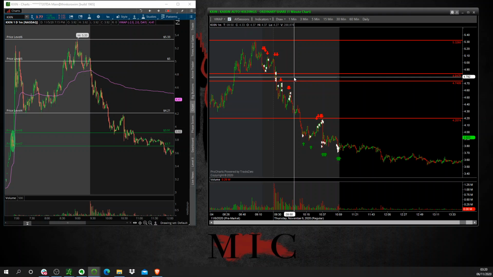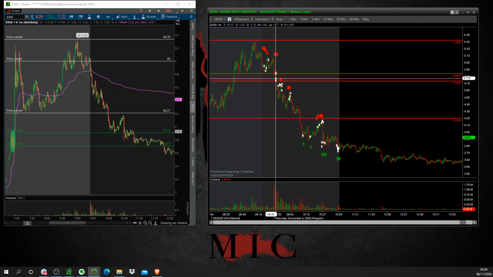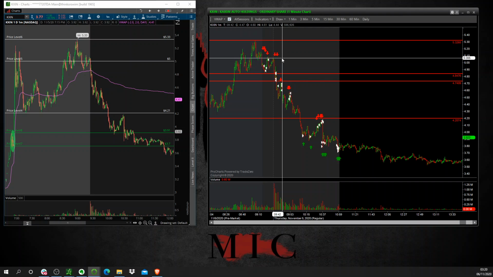Let's say you added full size, and then you added more than your full size. Let's say your full size is 1000 shares. You shorted 500 here, and then you added 500 here. Now you have an average of around 495. This is your full size. Let's say you're risking the high of 507.